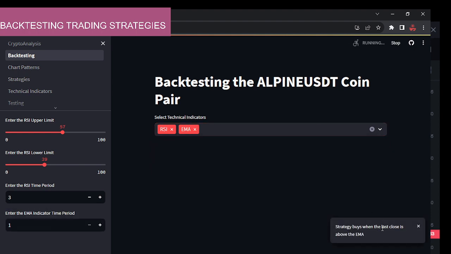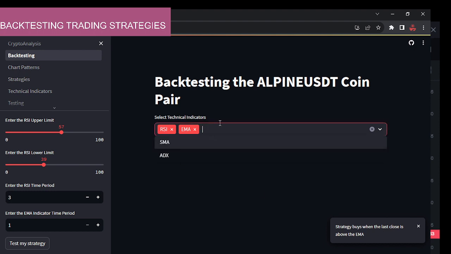You can see it says the strategy buys when the last close is above the EMA, just to illustrate how the strategy is performing in the background. It is buying when the last close is above the EMA, and that's how the strategy operates.